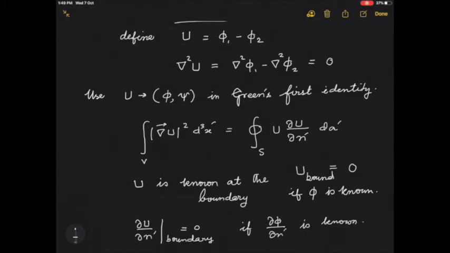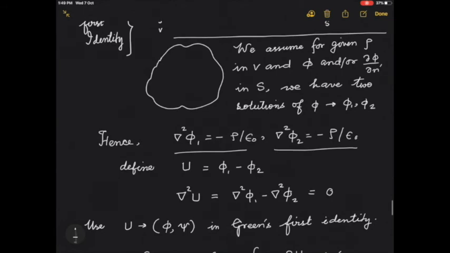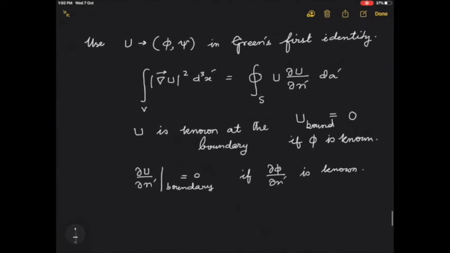Because del phi del n prime at the boundary is the boundary condition that is given to you. So whatever solution you get inside, at the boundary it should match. At the boundary there are no two different solutions, because the boundary condition is given.